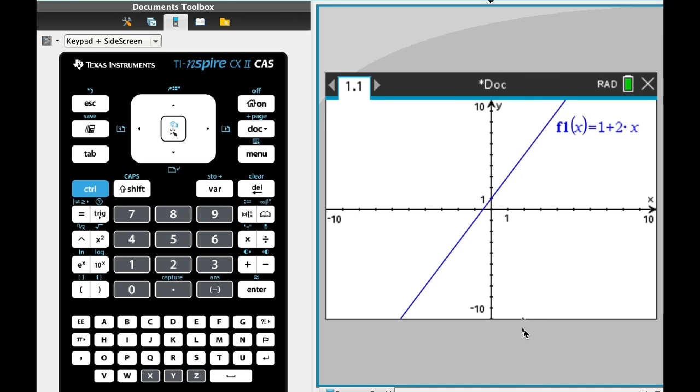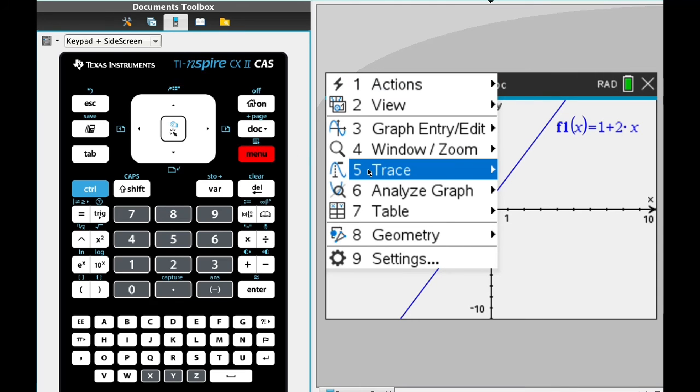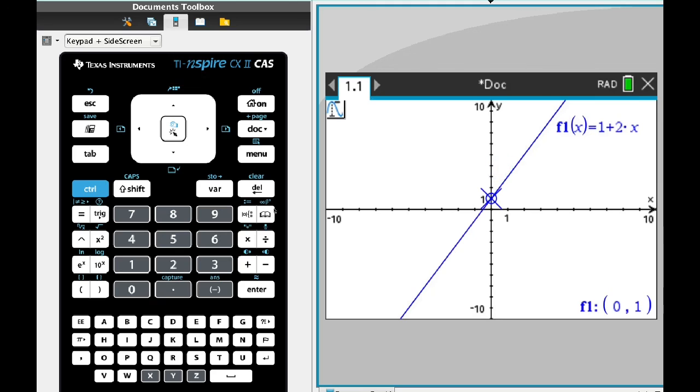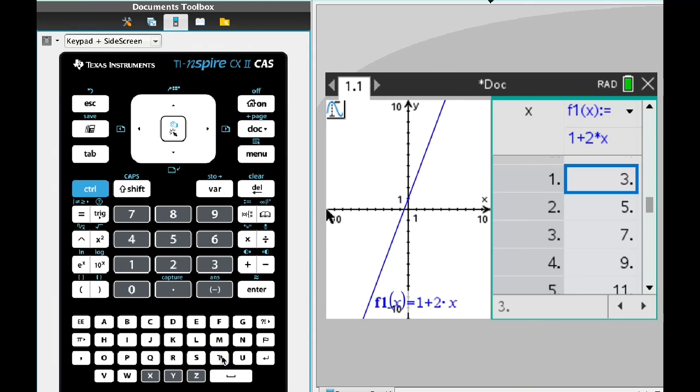If I want to trace the graph, I also go to Menu, Trace, Trace Graph. Using the arrow keys, you can move backwards and forwards, up and down the line. If you want to see the table of values, you press Control T and you'll see on the right hand side there is a table of values.